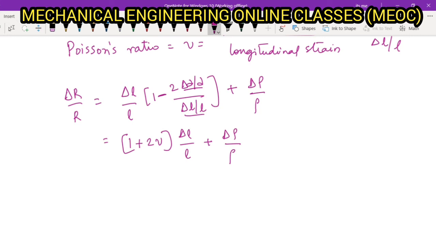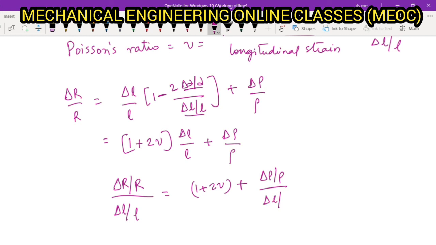Now I will try to rewrite this equation in this form. Delta R by R divided by delta L by L is equal to 1 plus 2 nu plus delta rho by rho divided by delta L by L, because I have taken delta L by L common from the right hand side and I have cross multiplied it with the left hand side. So that comes in the denominator here.